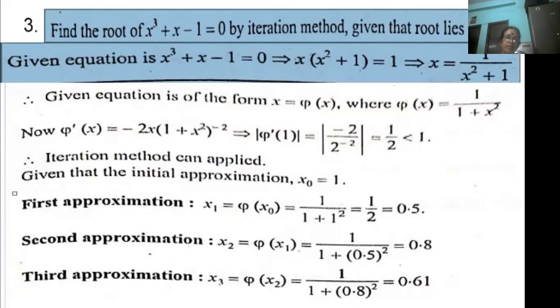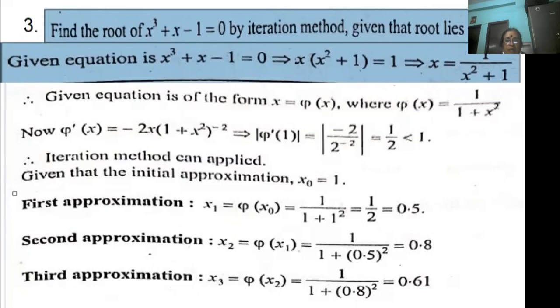So by iteration method, we can show that the first approximation is x naught equal to 1. Here it is a print mistake, it should be 2 square only, that's all. Okay, because we are bringing it down. Now the first approximation is given by x1 is equal to phi at x naught.